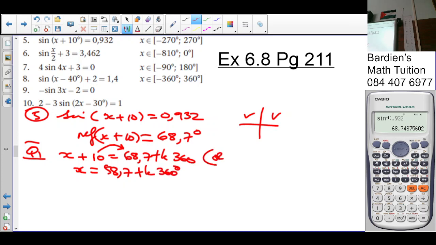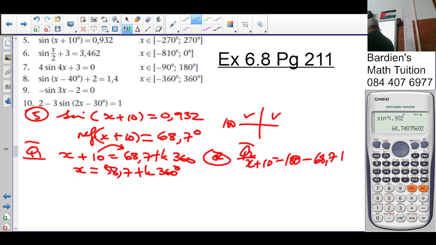Or in quadrant 2, how do we get in quadrant 2? x plus 10 equals 180 minus 68.7 plus k times 360. So x equals, what's 180 minus 68.7? Minus 10.